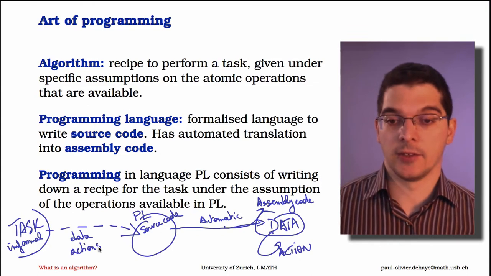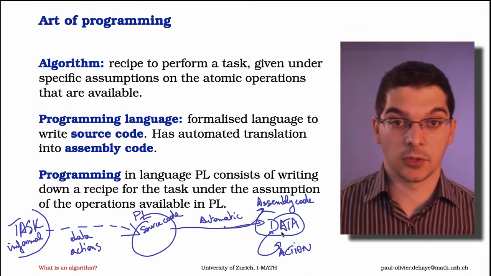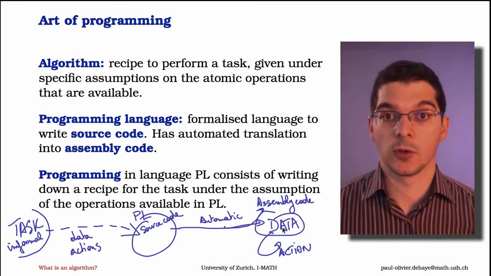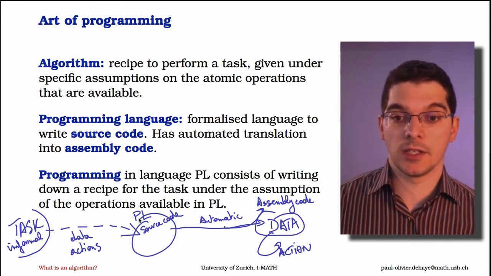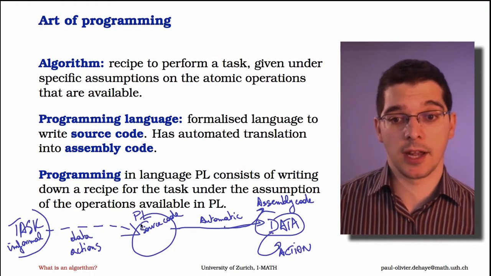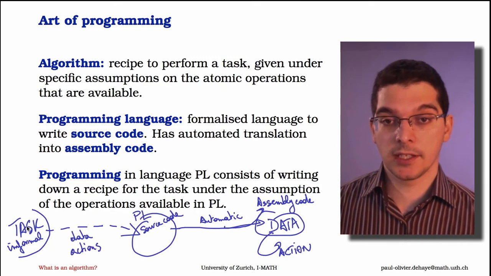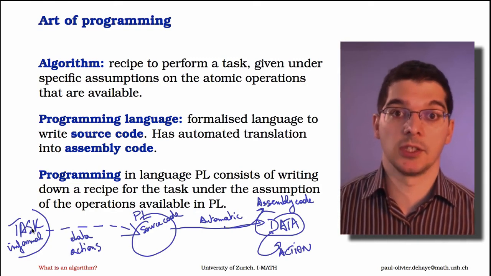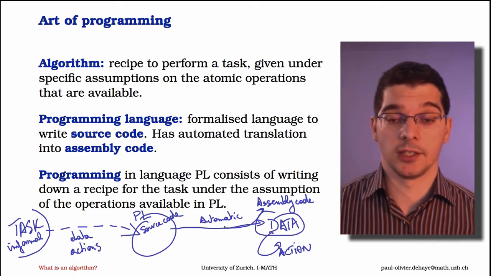So how you act on it. You don't necessarily need to do it at the level of assembly code, which is, remember, very concrete and talking directly to the CPU. But you can actually use some intermediate, more complex operations at the level of the programming language. But that's what programming is. You're translating your task into concrete representation of the objects you're manipulating and concrete actions on those objects.